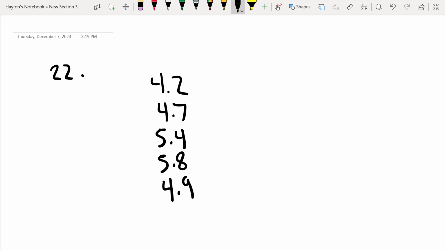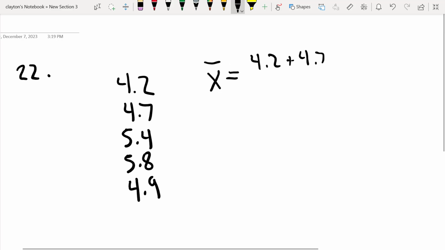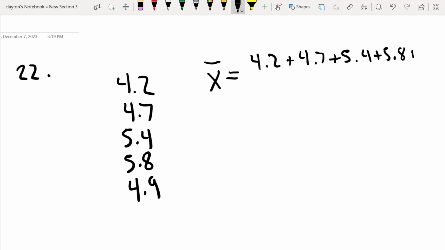It says calculate the sample mean, which is x bar, which is just going to be equal to the summation of all those things. So 4.2 plus 4.7 plus 5.4 plus 5.8 plus 4.9, all divided by how many points we have.